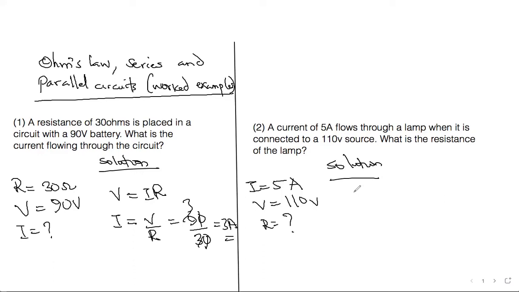From Ohm's law, V equals IR. This time around, we want the resistance, so we make R the subject of the formula. In that case, we divide both sides by I. I divided by I cancels, so R will be V over I. So we replace V with 110 and I with 5, and we get the value of the resistance: 110 divided by 5.